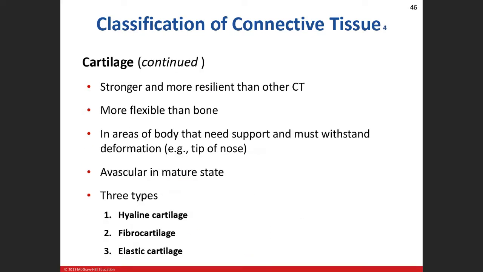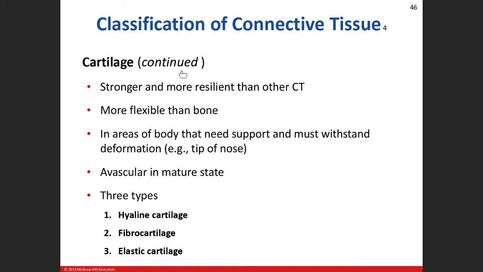So a couple characteristics of cartilage. It is a very, very firm type of connective tissue, and it's strong. So it's going to be more resilient than the other types of connective tissue that we've talked about so far. But it's not going to be as rigid as bone, so it has more flexibility.